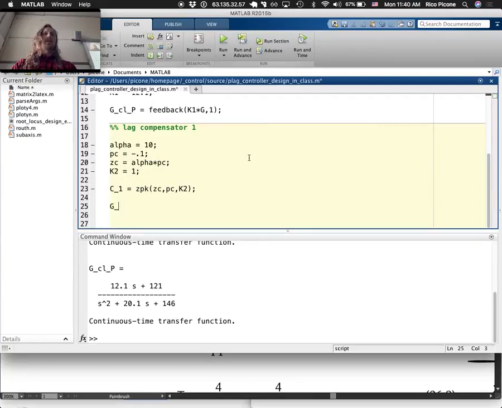So there's our compensator, and now we're ready to go ahead and close the loop. G closed loop PL1. This is going to be our proportional lag controller 1, initial design.